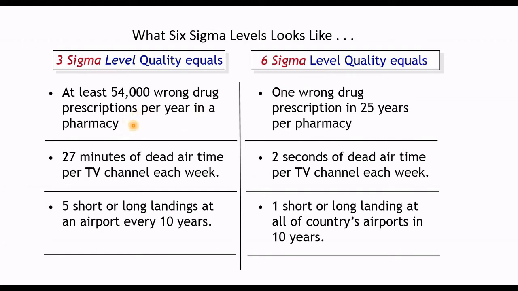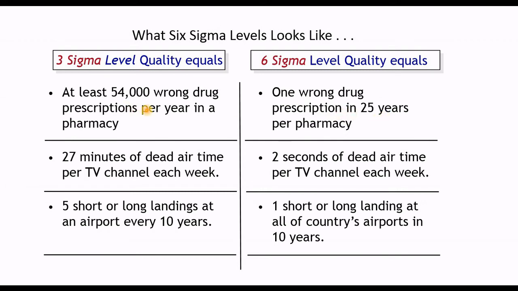If a pharmacy is working at a 3 sigma level, it will have 54,000 wrong drug prescriptions in a year. Whereas another similar company working at a 6 sigma level will have just one wrong drug prescription in 25 years.